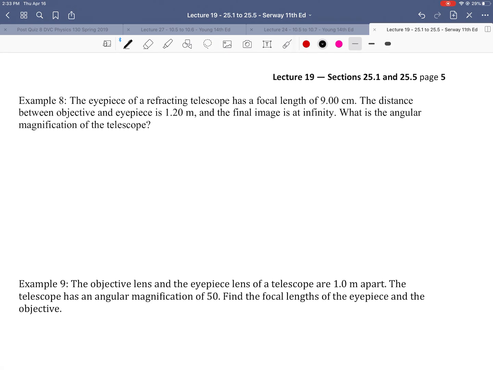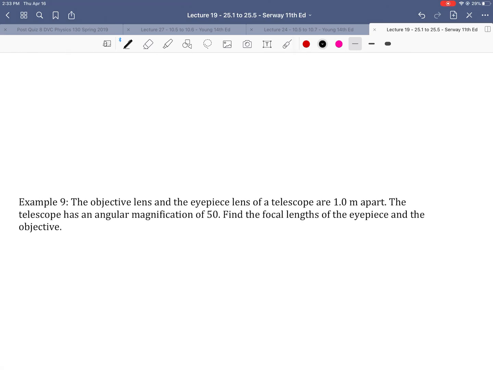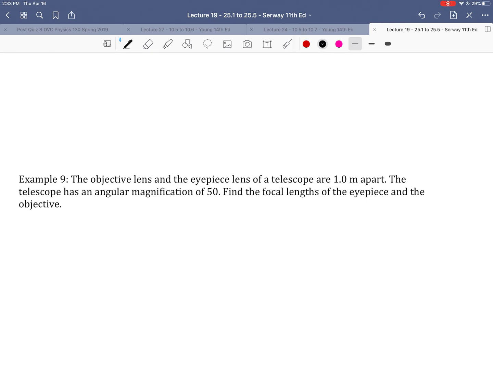Okay. So example 8, the eyepiece of a refracting telescope has a focal length of 9 centimeters. Excuse me, example 9. I think I'll probably go back and do another one, but let's take a look at example 9.